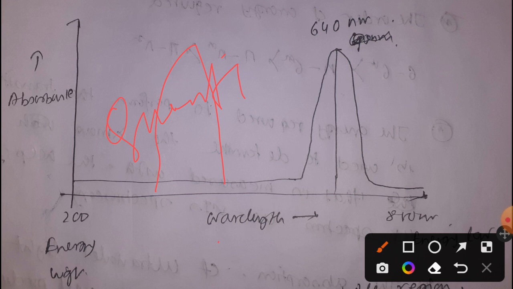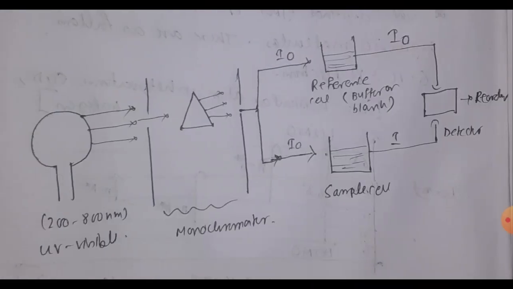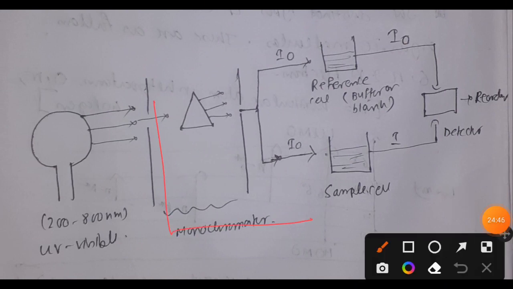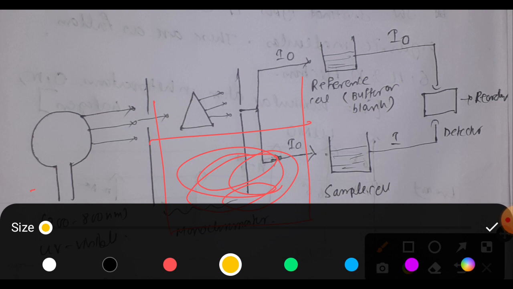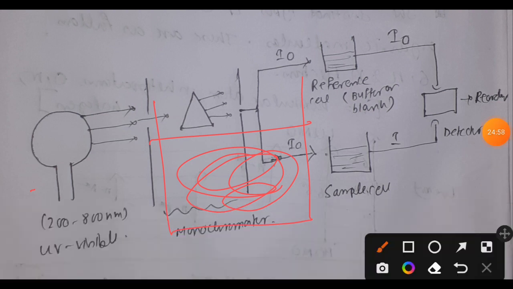We can find out impurities with the help of that, along with both quantitative and qualitative measurement, right? And with the help of UV spectroscopy we can also determine the kinetics of the reaction. Suppose in a mixture a particular reaction is going on, and you pass a UV radiation through that sample.